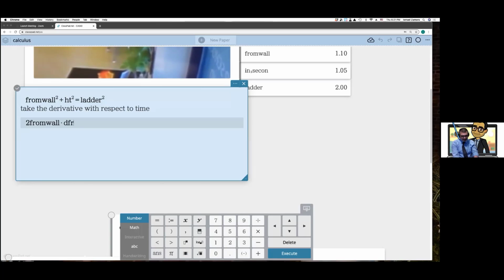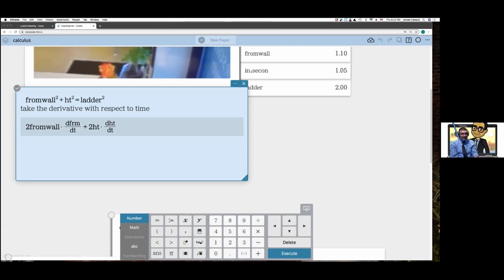That's going to be d from the wall over dt, because we're doing this in terms of time. Plus the height, the derivative of the height is 2 times the height times the rate of change of height. And that's dh over dt. Equals, do the same thing on the ladder, 2 ladder times the rate of change of the ladder.